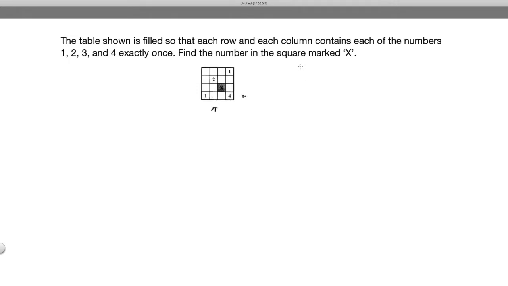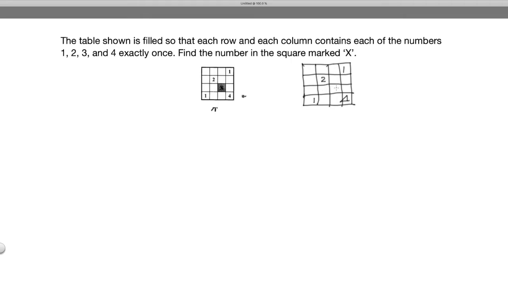Okay, I'm going to draw a square here because right now I cannot write on this picture. So let me draw this on the side. We have 4 rows and 4 columns. And this is 1 and 4. This is 1. This is a 2.